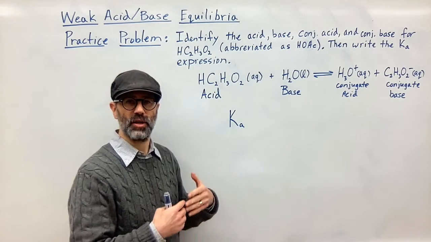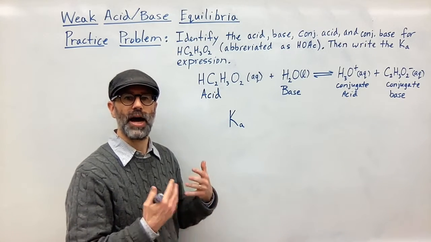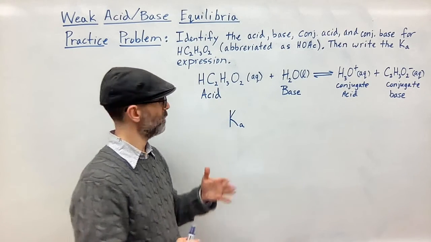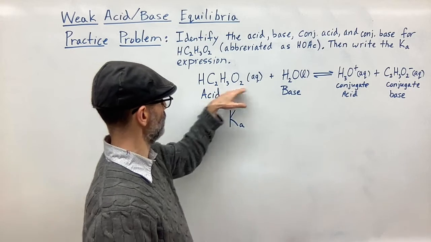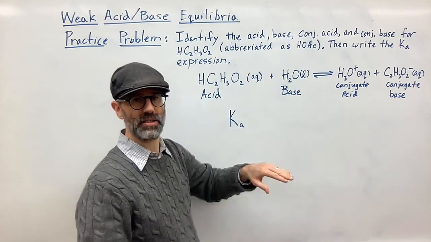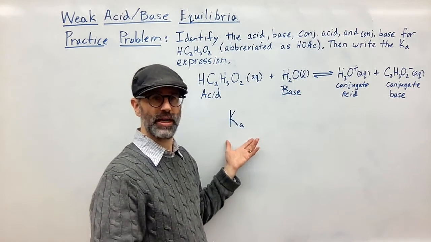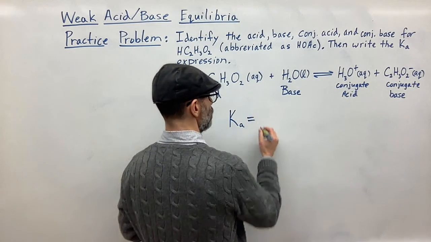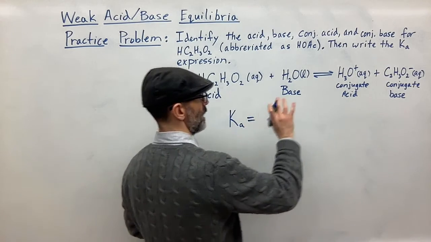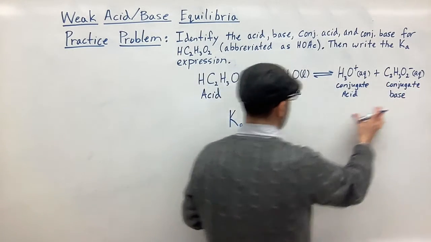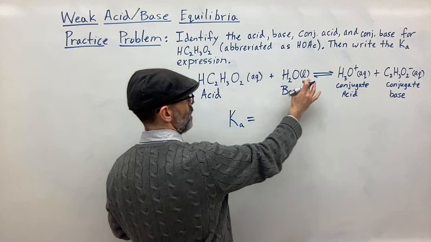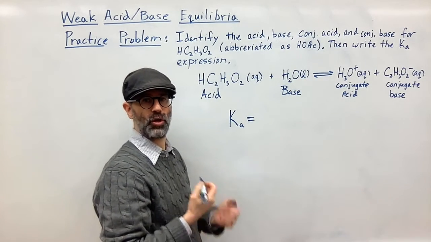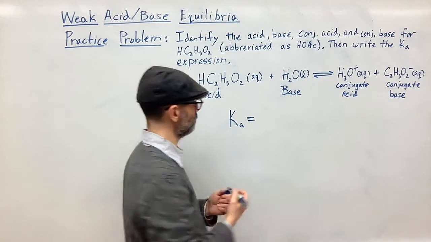It's an expression of how the acid or base is interacting with water. Since we have an acid reacting with water as the base, this is our Ka. Remember, it's going to be the concentration of the products over the concentration of the reactants. Notice that this is liquid water, and we're not going to include pure liquids in our expression.